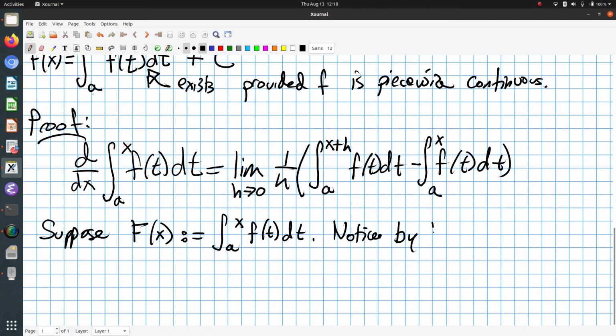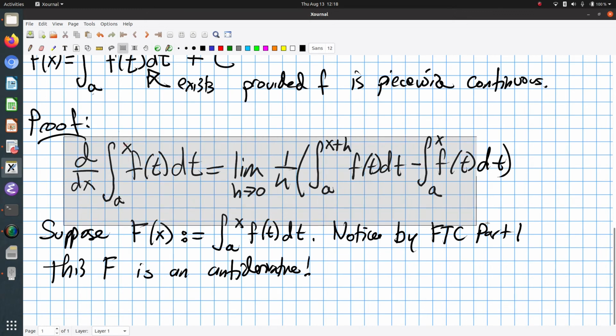Notice by the fundamental theorem of calculus part 1, this F is an antiderivative. Okay, so given that, let's continue our calculation a little bit.